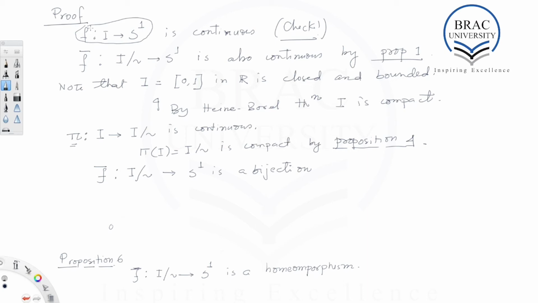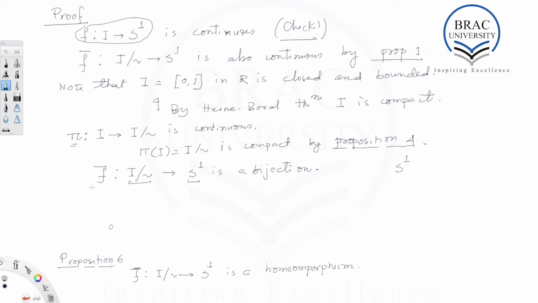So it's a bijection. Another important thing to see is that this unit circle S1, being a subspace of a Hausdorff space, either C or R2, is again Hausdorff. Any subspace of a Hausdorff space is also Hausdorff. So we have seen that this is compact, this is Hausdorff.